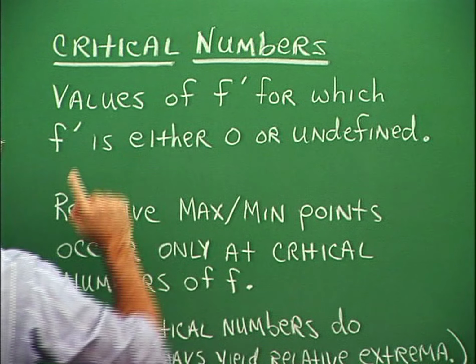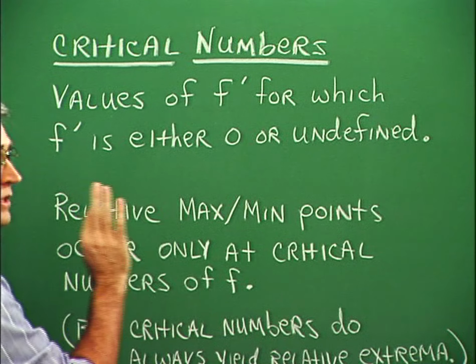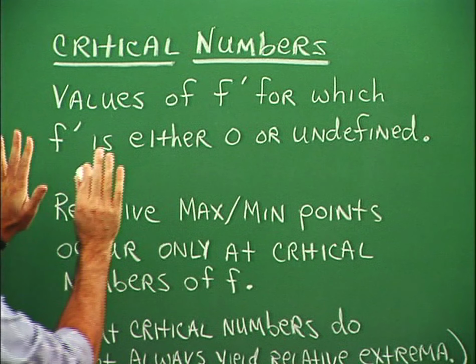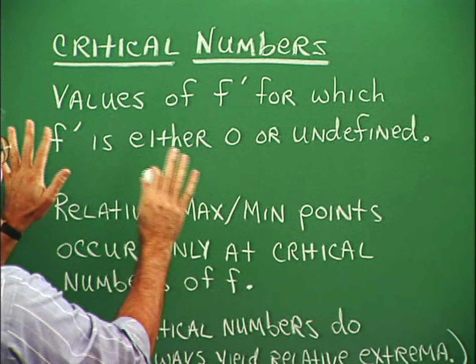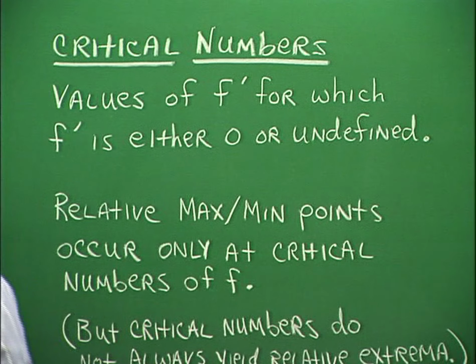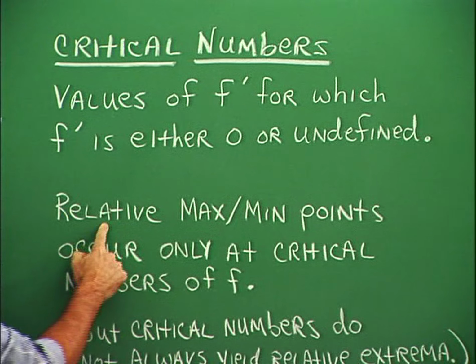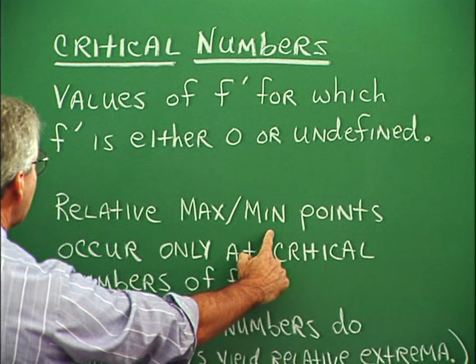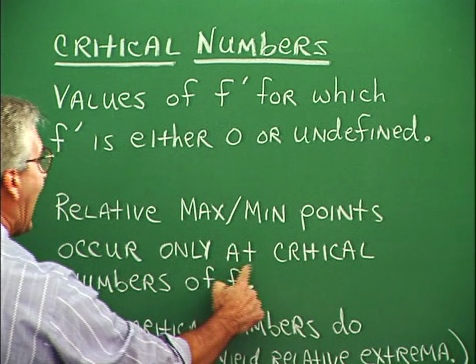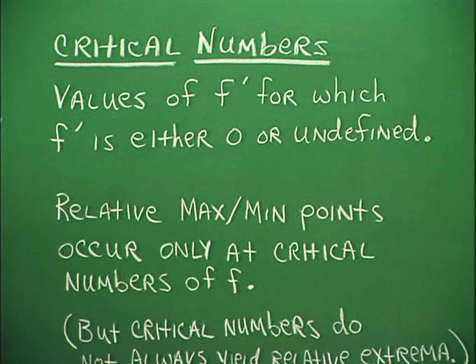Now they're critical because they are places where we're targeting relative maximums or absolute maximums and minimums for a particular graph. Now we can say this, that relative maximum and minimum points occur only at critical numbers of f.